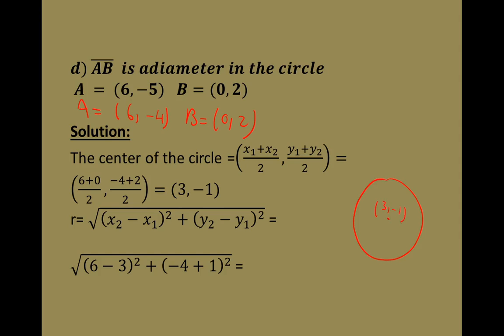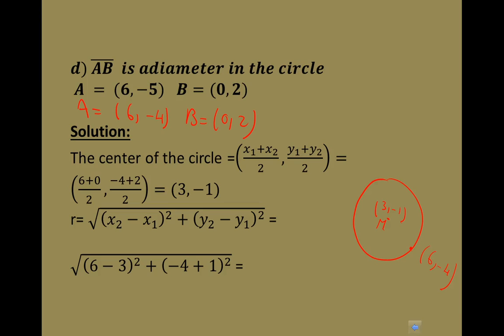Also, to get the radius, I will find the distance between the center M and a point on the circle, which is 6 and the negative 4. Then this radius length equals 6 minus 3 all squared plus negative 4 minus negative 1 all squared.